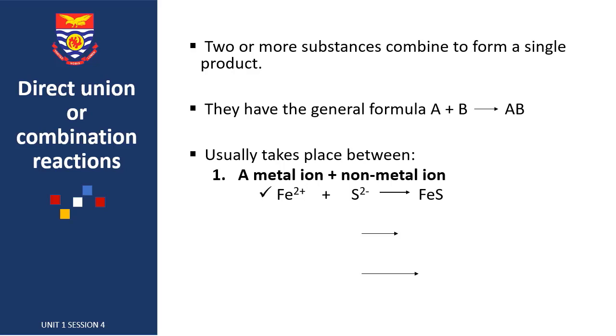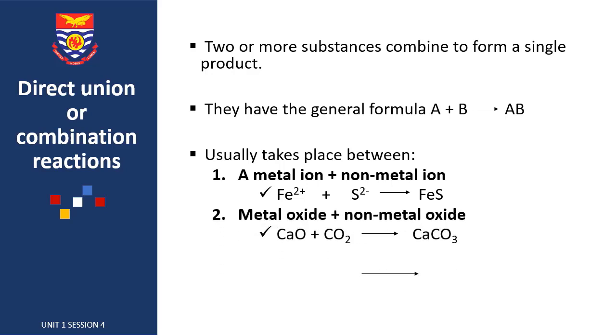So, for example, we have iron(II) ion, which is a metal ion, and then sulfide, S2 minus, which is a non-metal ion. So these two, when they come together, they form a single product. That is iron sulfide or iron(II) sulfide.